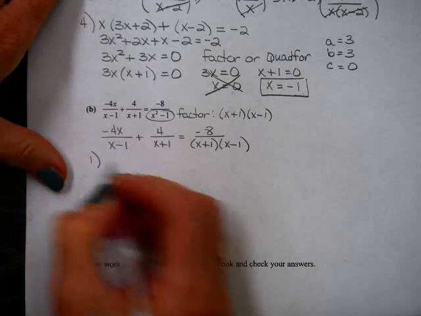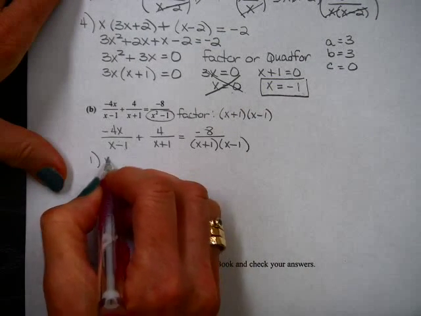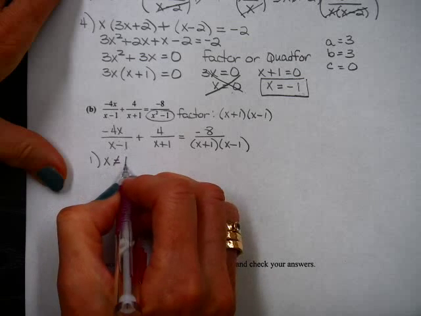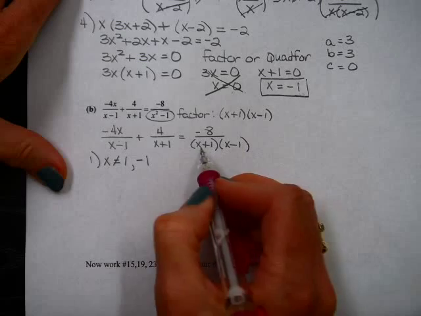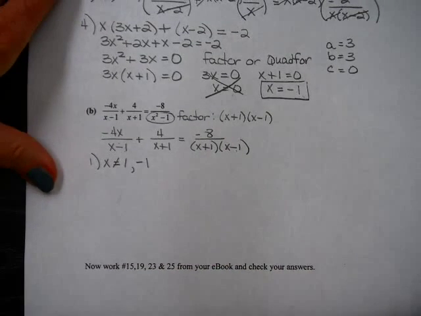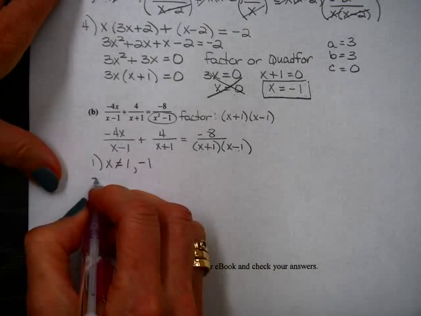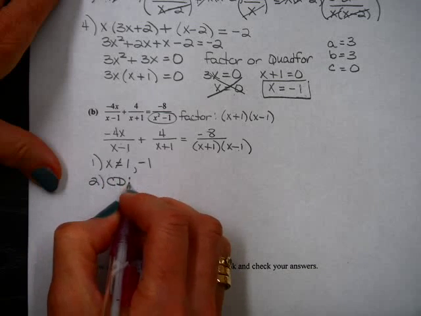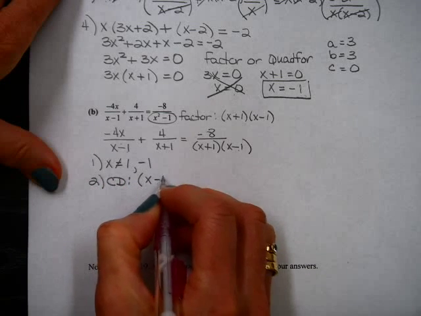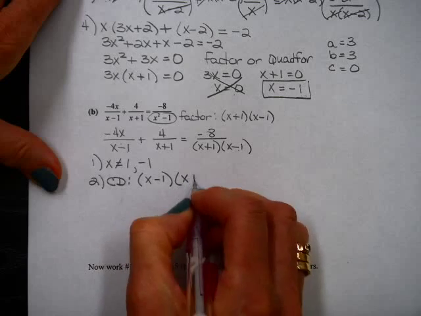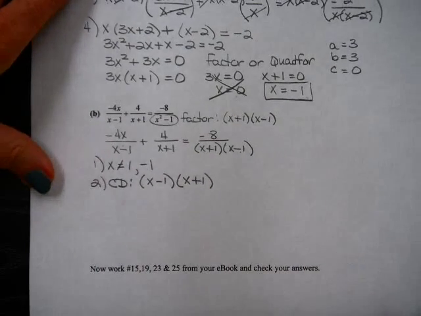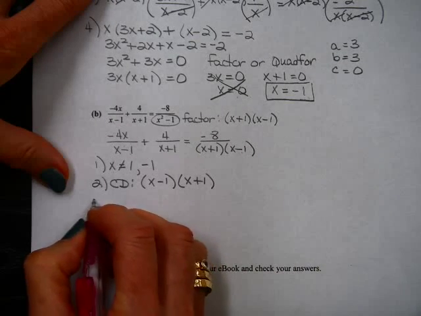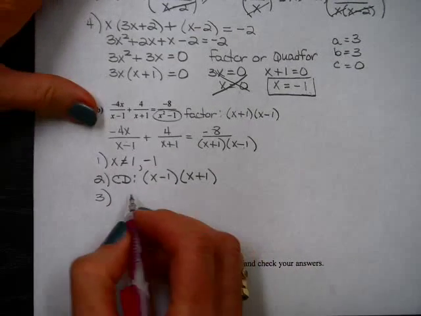Our restrictions for this one right here, x cannot be 1. For this denominator, x cannot be -1, and that is the same for these two. Your common denominator is x minus 1 and x plus 1. So that's what we're going to multiply times every one of these terms. So step 3.